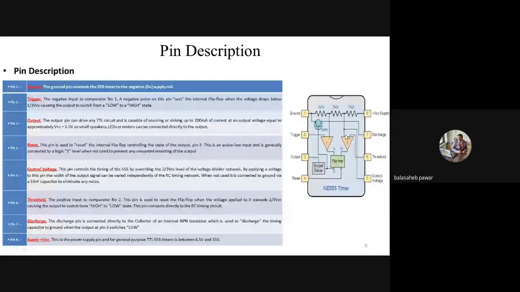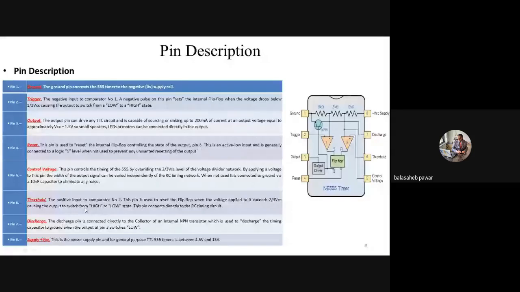That is, it provides a positive input to the second comparator. This pin is used to set the flip-flop when the voltage applied to it exceeds 2 by 3 VCC, causing the output to switch from high to low state.